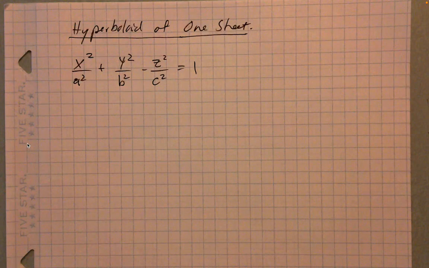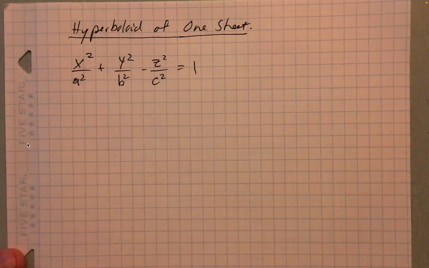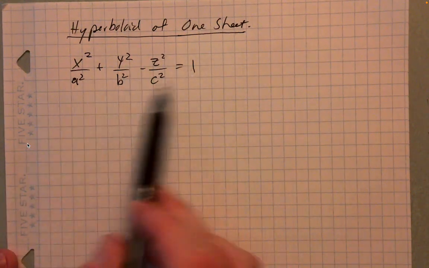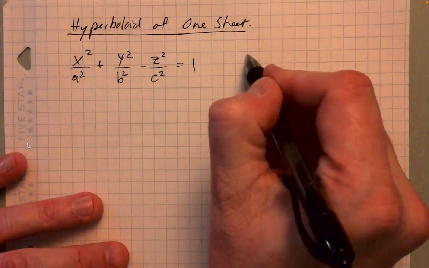Now, real similar to the elliptic cone. The elliptic cone was basically exactly the same on this side, but then on the other side, it was set equal to 0. So here you've got the other side equals 1. All right, now what does this look like?